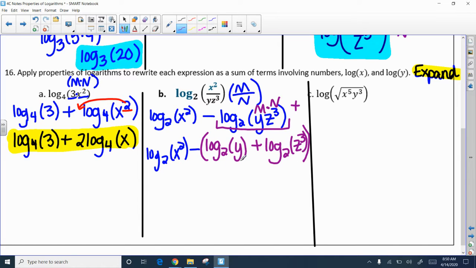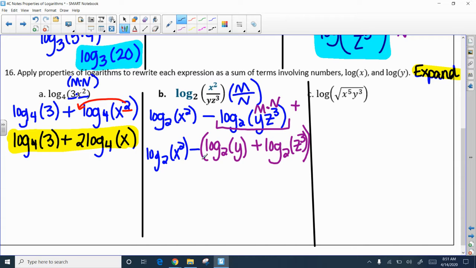So I have the log base 2 of y plus the log base 2 of z cubed in parentheses because I'm showing that I'm subtracting this entire expression, and this is equivalent to this expression. The other thing you could do is rewrite it with distributing the negative. You'd have to distribute, it's like a -1 to both of these. So these would both end up being minus. I'm going to leave it like this for now, and then I'll show you another way we can write it.